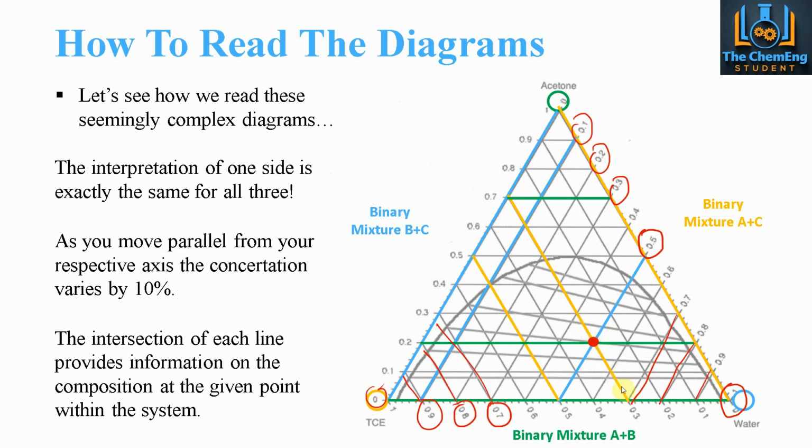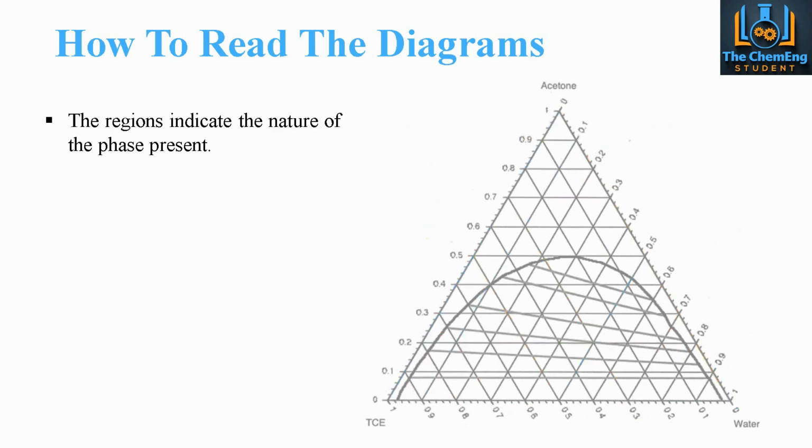We then, if we read down here, have 30% in terms of TCE, which means the remaining value would be 20%. So if we do 50% plus 30% plus 20%, we can clearly see that we get 100%. So that's what the makeup of this point would be on all 3 streams.